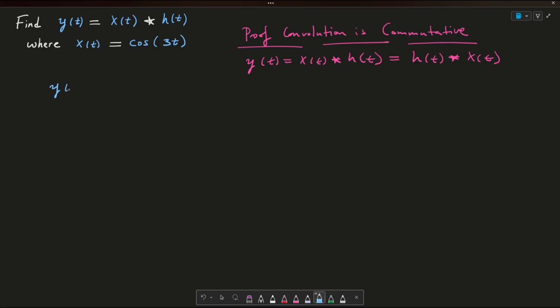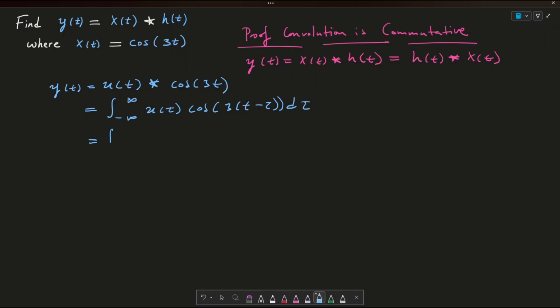So then we can say that y of t is equated to my impulse response h of t, this unit step function u(t), convolved with my input, which is cosine 3t. If I go ahead and use convolution, I can equate this to the integral from negative infinity to infinity of u(tau) times cosine of (3t minus 3 tau) d tau.